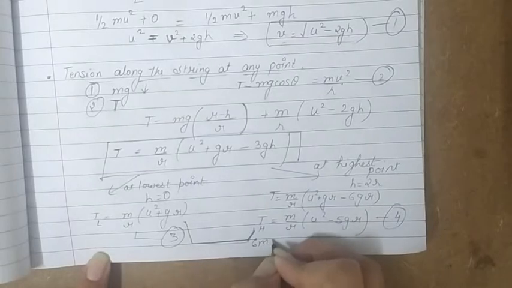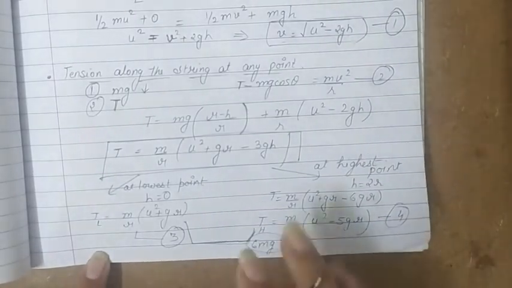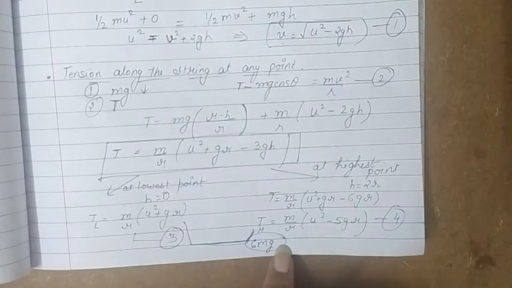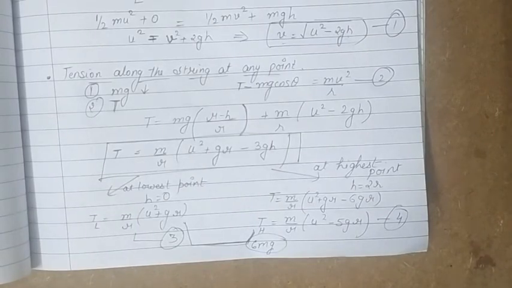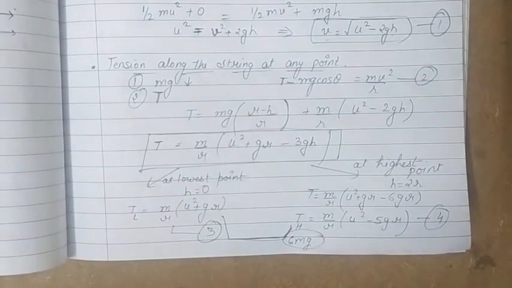So the difference between the two values is 6 mg. That means the difference in tension at the lowest point and the highest point is equal to 6 times the weight of the revolving body. जो भी ऑब्जेक्ट हमने स्ट्रिंग से टाई किया है उसके वेट mg का 6 टाइम इज इक्वल टू द डिफरेंस बिटवीन द टेंशन at the lowest point and at the highest point.